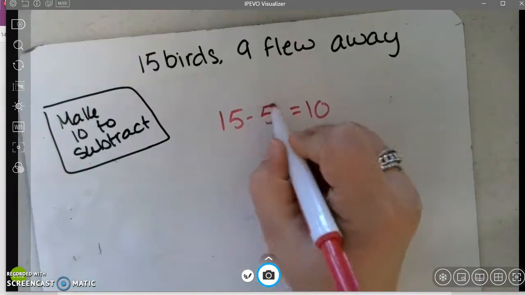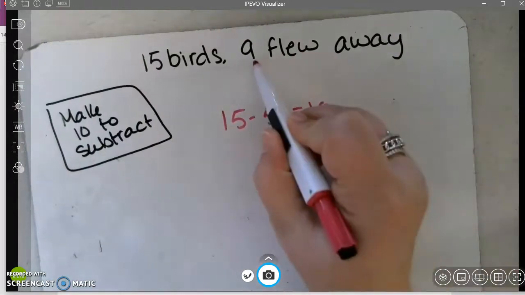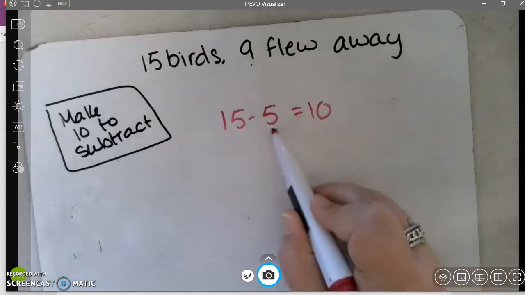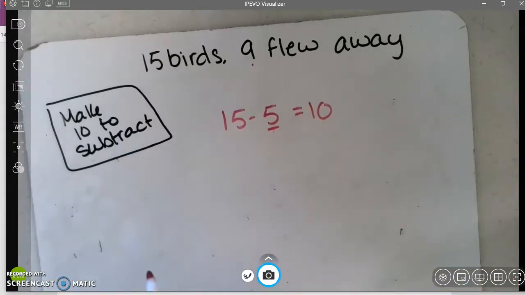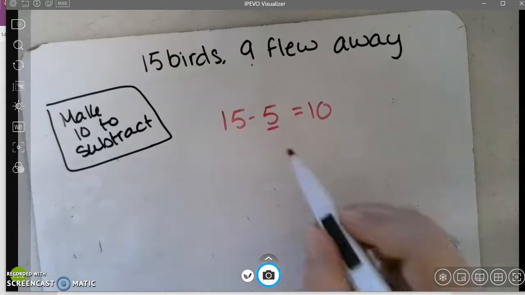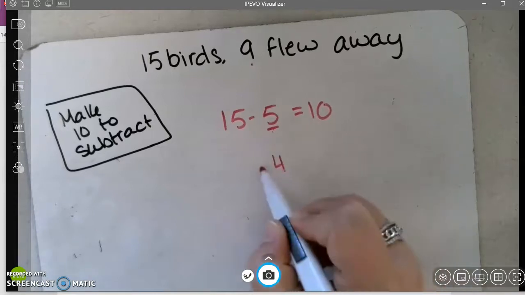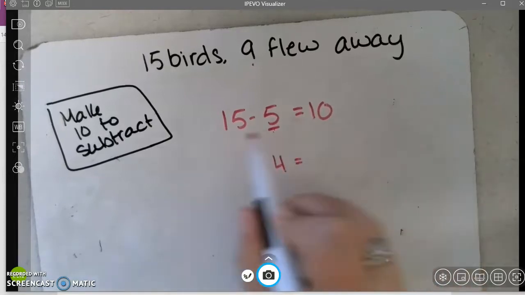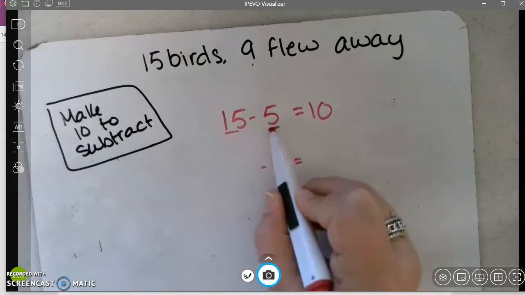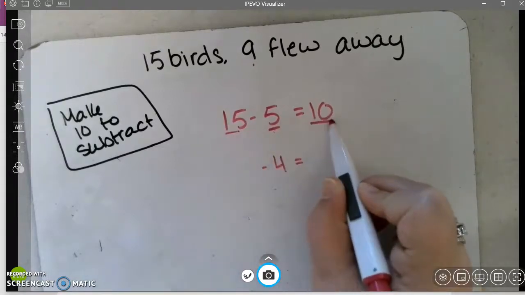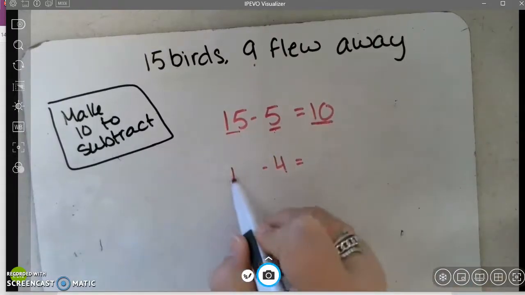15 minus 5. Okay, so I needed to subtract 9. I've subtracted 5. So how many more do I have left to subtract? 4. You are right. And then remember, I no longer have 15 because I've subtracted 5 from it. So my new number that I'm using to subtract is 10.